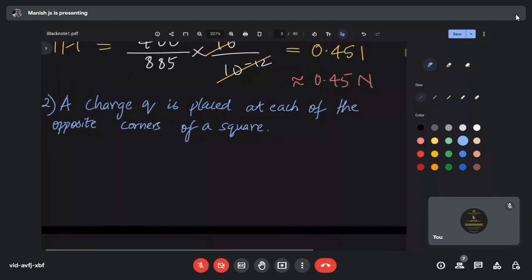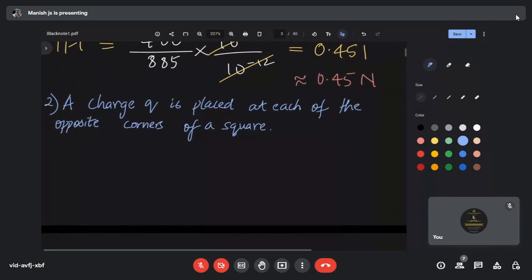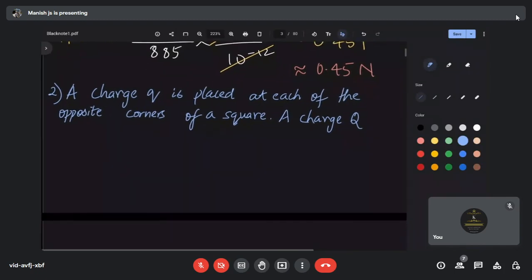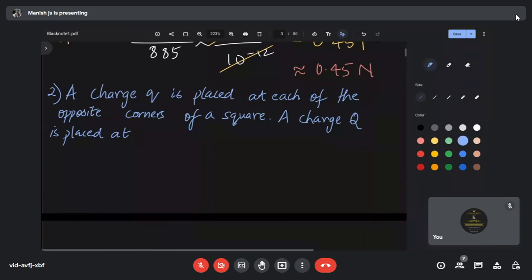A charge Q is placed at each of the opposite corners of a square. A charge capital Q is placed at each of the opposite corners.